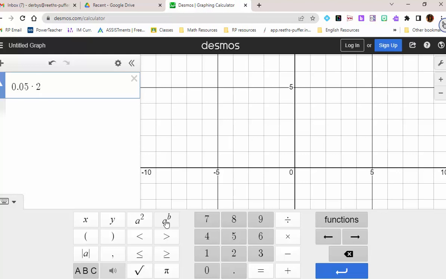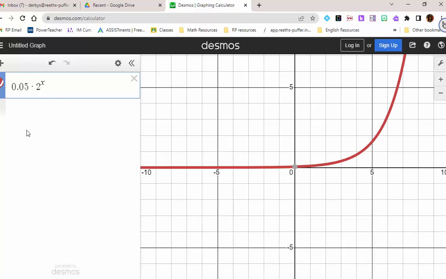Because it doesn't understand n and t, I need to use x's and y's so that it can show up on Desmos. So here I am on Desmos, 0.05 times 2 to the x power, and I can see what my graph looks like.